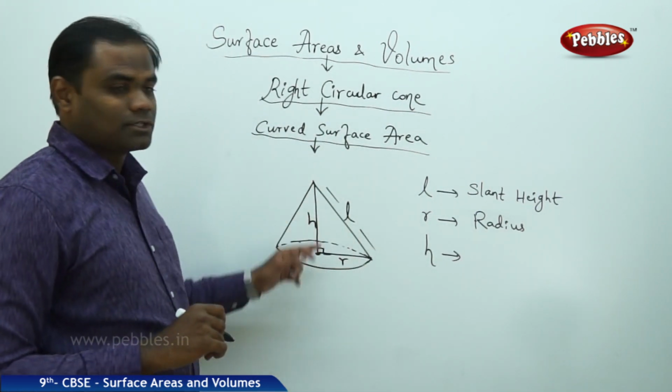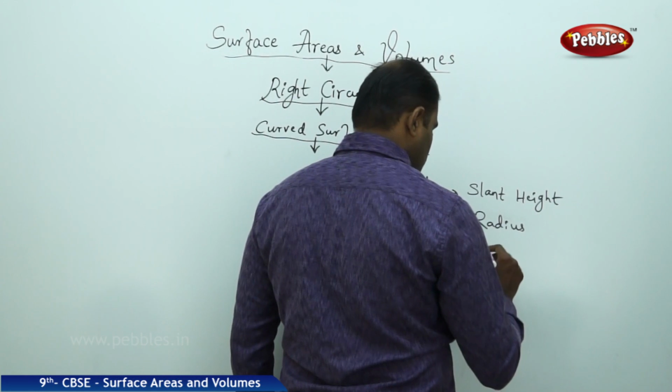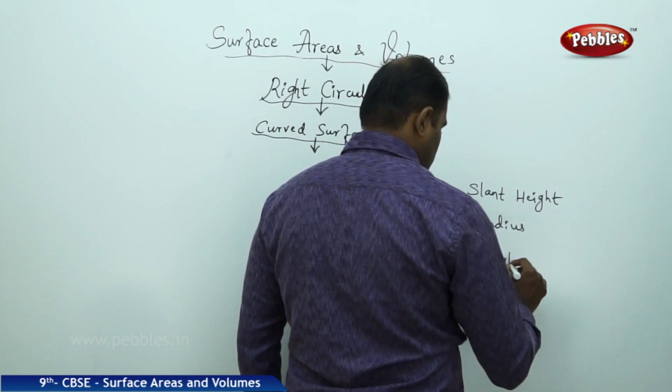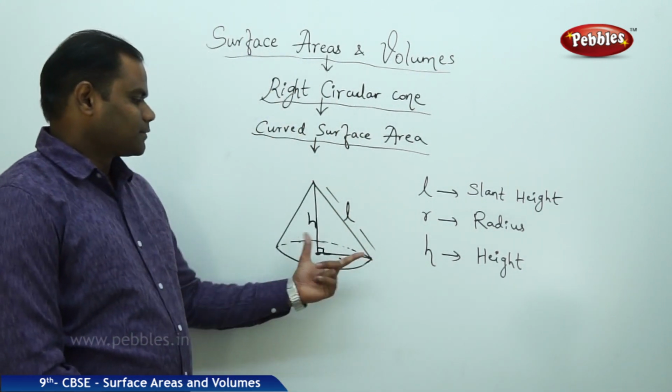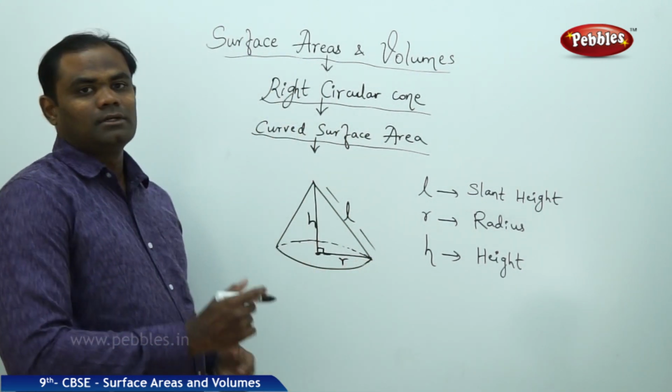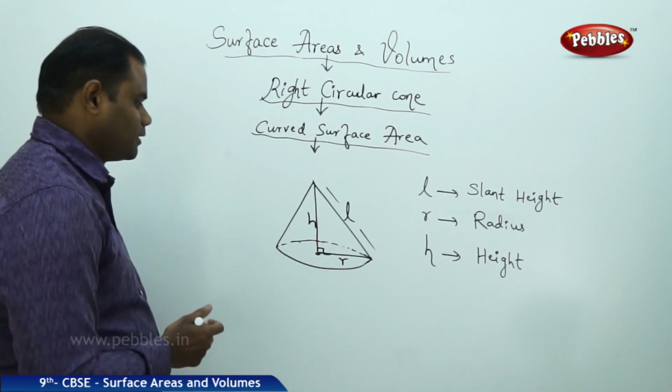And H, which is called the height of the cone. Slant height, radius and height are the three important things in defining the curved surface area.